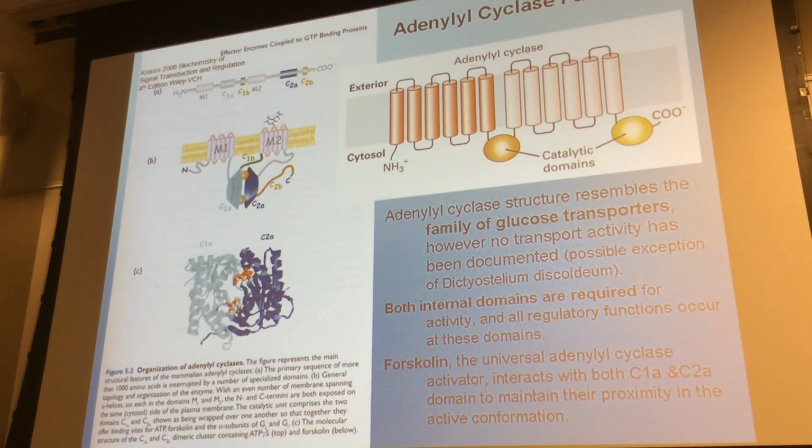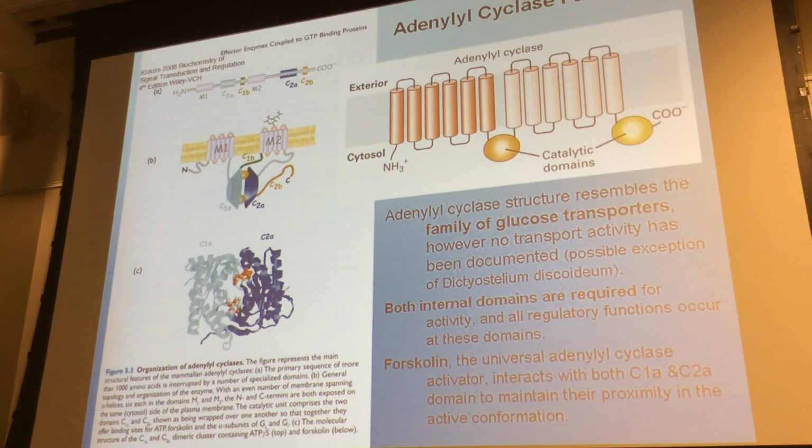So when the X-ray crystal structure was done, getting transmembrane proteins out of the membrane is really difficult. You have to use a lot of detergent. And then you can't get good crystals to find the structure. So a very brilliant postdoc in Al Gilman's lab figured that what we could do is get rid of all of these and make a recombinant protein that only has this and this.